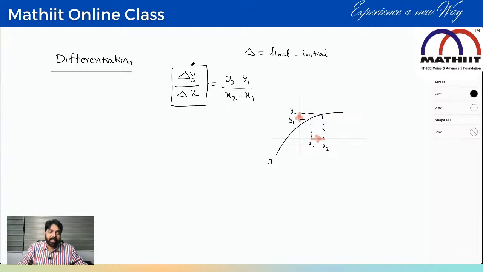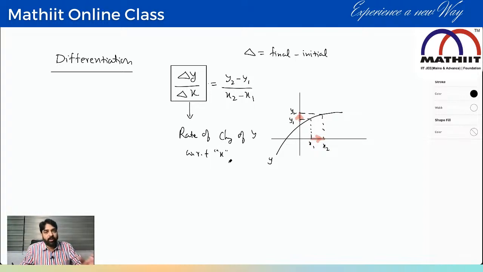You should be very clear about this one. Rate of change of y with respect to x. Please do not try to link it with differentiation yet. These are simple things I'm telling; slowly we'll link it with differentiation.